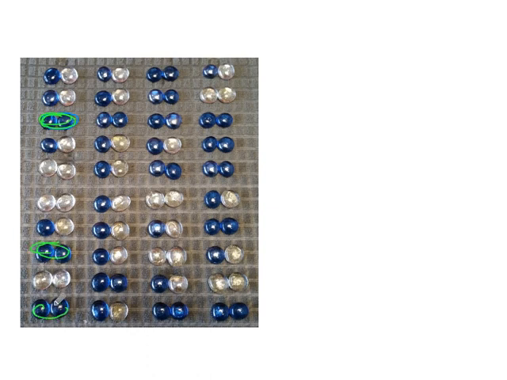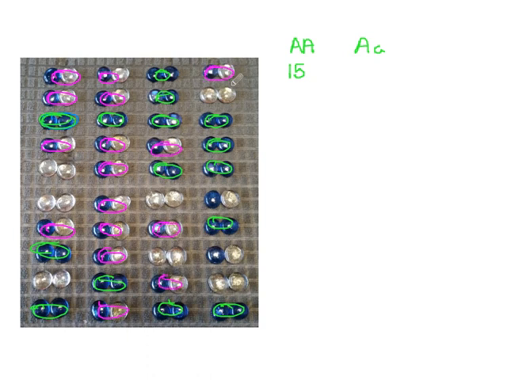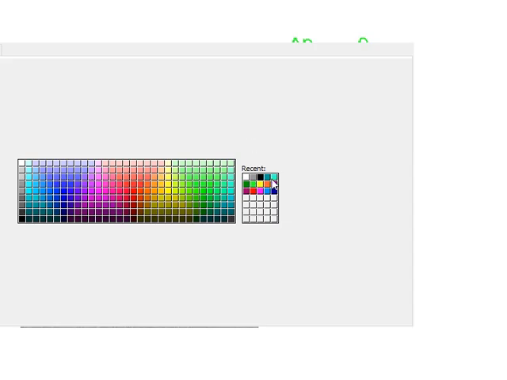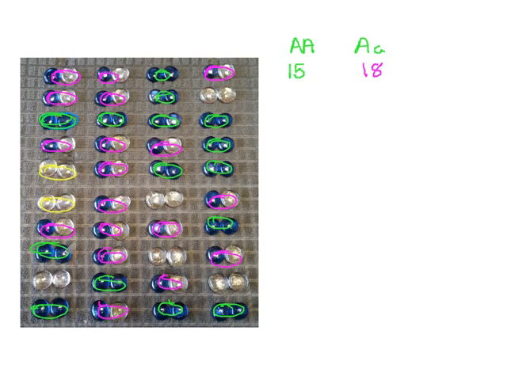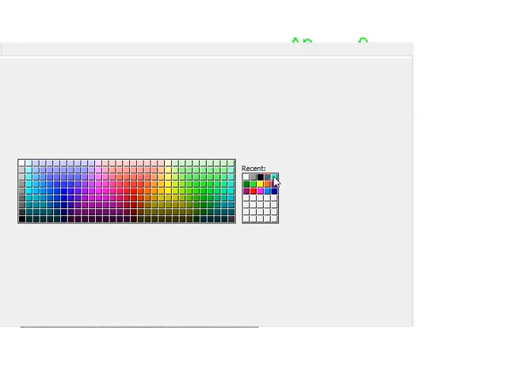Big A, big A. Then we get some heterozygous, 18. 15 plus 18 is 33, so there should be 7 recessives, I think. 1, 2, 3, 4, 5, 6, 7. There are indeed 7 recessives. That's encouraging.